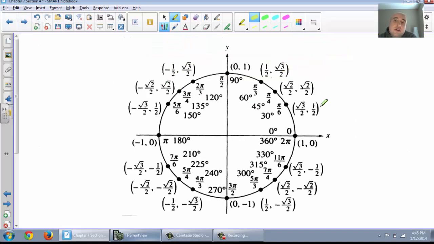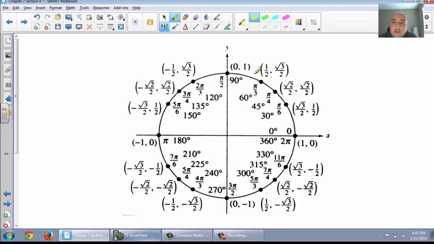All right, and notice now, if we look at the actual unit circle, we have 30, 45, 60. Each quadrant is broken into 30, 45, and 60 degree reference angles. 120 is 60 degrees away from 180. 135 is 45 degrees away from 180. 150 is 30 away from 180. So there's my 30, 45, 60 angles in the second quadrant. 210 is 30 away, 225 is 45 away, 240 is my 60.